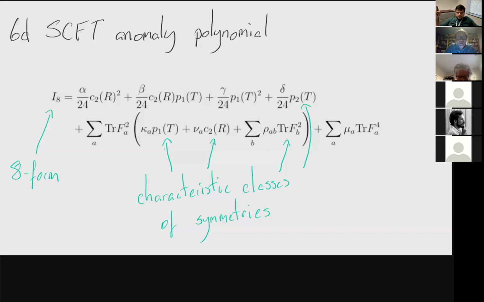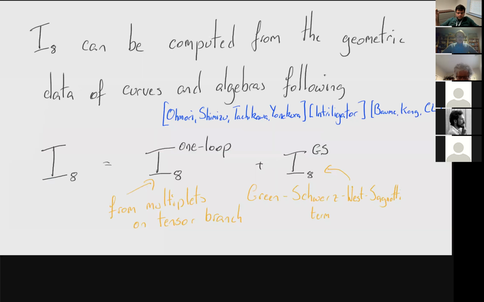Okay. So the anomaly polynomial I8 can be computed from the geometric data, which is just the curves and the algebras, following some papers from around 2015. However, we had to actually add some extra input for theories which may not have a geometric realization of their flavor symmetries, which I will explain in just a moment. So the anomaly polynomial can be split into two parts, a one-loop part and a Green-Schwarz term.